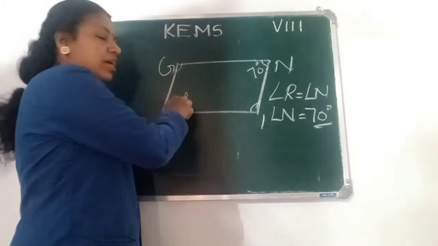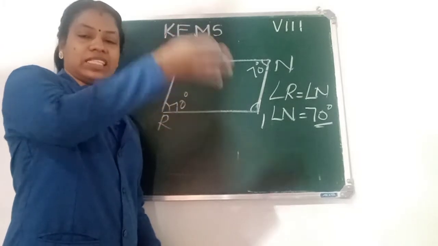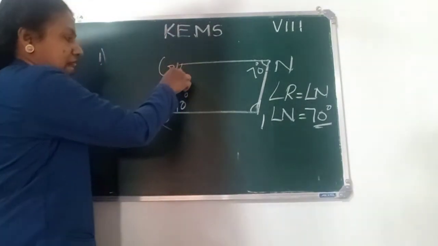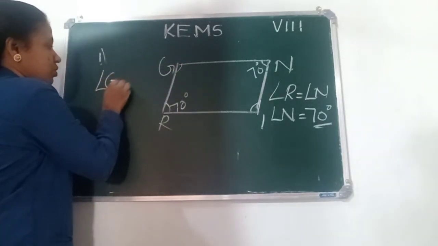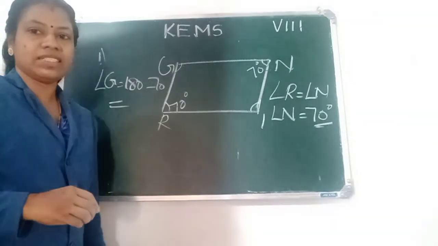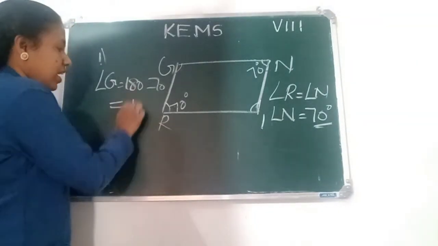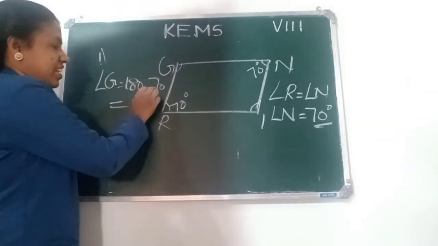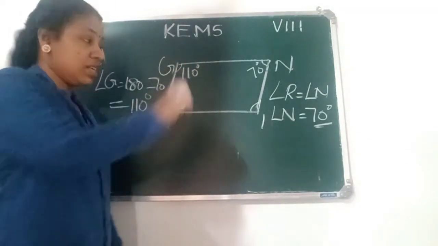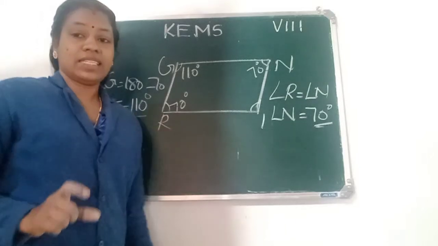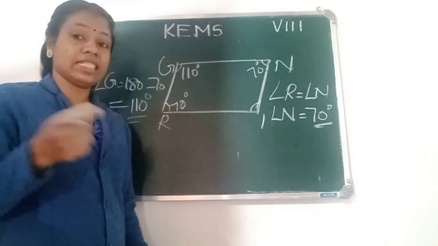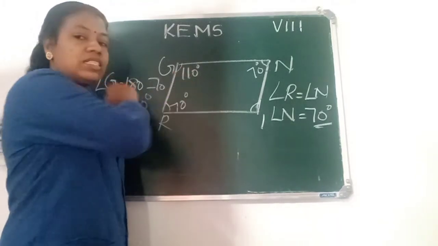So, 70 plus dash equal to 180. That means 180 minus 70 equal to this angle. Angle G equal to 180 minus 70, that is 110 degree. So, angle G equal to 110, because the sum of 2 adjacent angles of a parallelogram is 180 degree, supplementary.